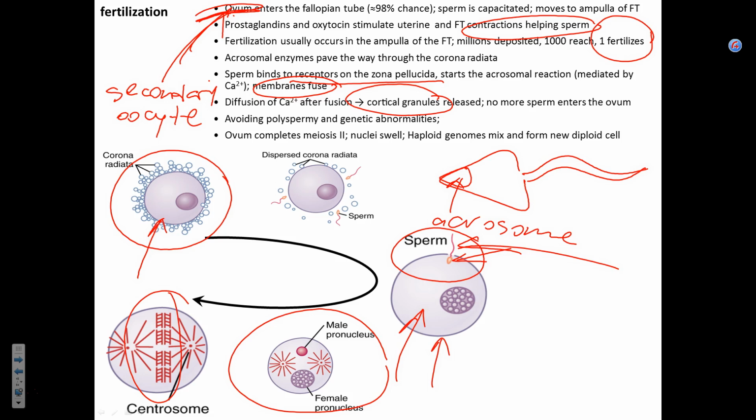So at this point, separation of the chromatids happens, and now you've got mixed genomes. Okay, you've got two haploid genomes from the sperm cell and from the oocyte that, by mixing, form the functional diploid cell, diploid zygote. That makes sense?